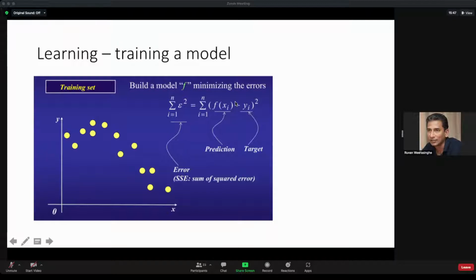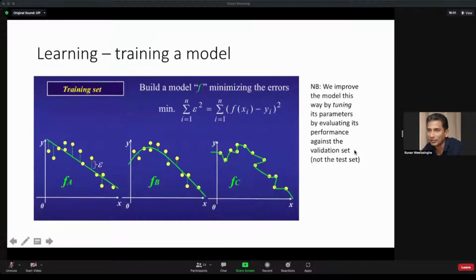Well, you simply look at the distance from your model, which is a function here, to the real value, and you add up all those square distances. That's usually called the sum of square errors. You can see here the errors are these dotted lines. Here the errors are less because the dotted lines are less. Here there are no dotted lines, which means a perfect fit. So which is the best model? Which would you like better?